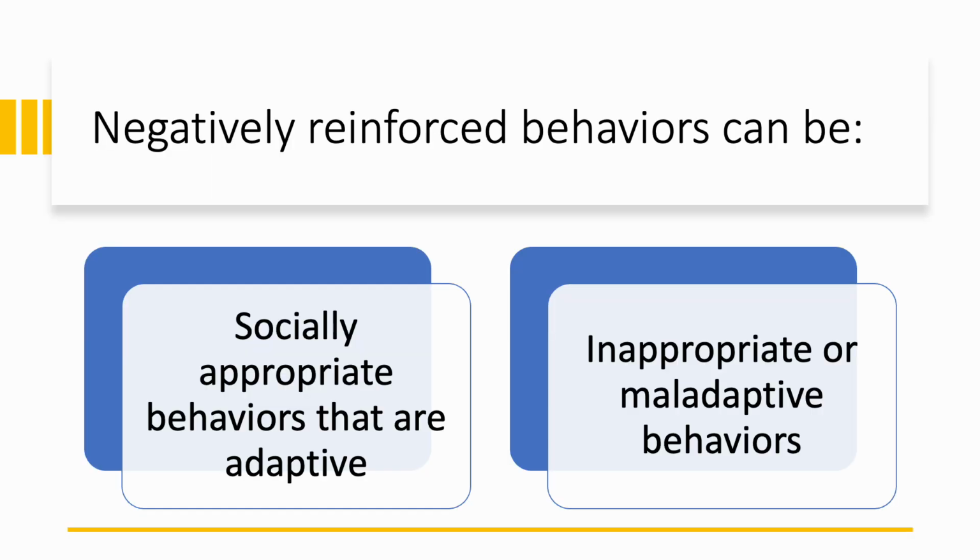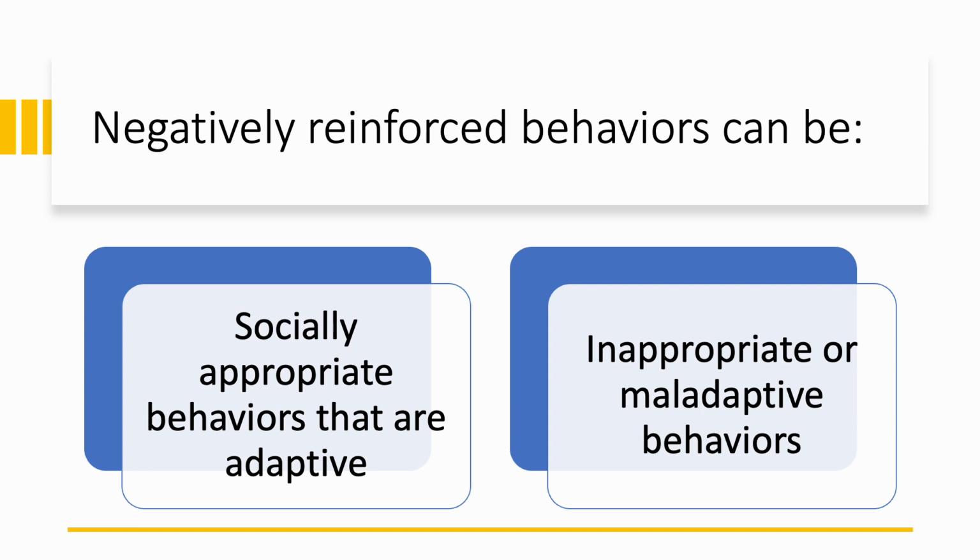So now that you've learned about negative reinforcement, the definition, you've learned about escape and avoidance and learned to distinguish between escape and avoidance contingencies, I want to continue to break down the concept of negative reinforcement. Those behaviors that we engage in that result in escape or avoidance can serve different purposes. These behaviors can be adaptive behaviors, meaning that they're behaviors that improve our everyday lives in some way.